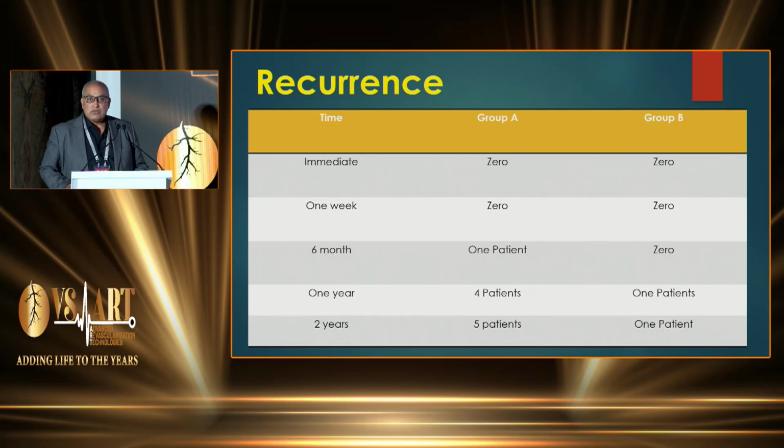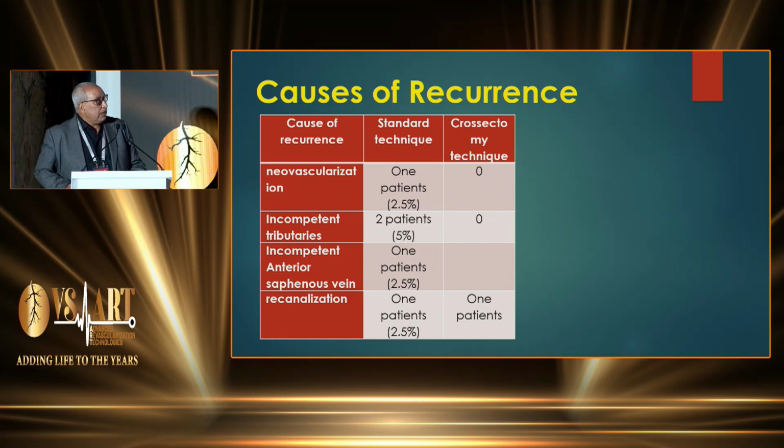When we study the causes of recurrence in the standard technique, we found the following. We have 1 patient due to neovascularization, 2 for incompetent tributaries, and 1 for an incompetent anterior accessory vein, and recanalization was shown in only 1 patient, while we have only 1 recanalized vein in the crossectomy procedure.